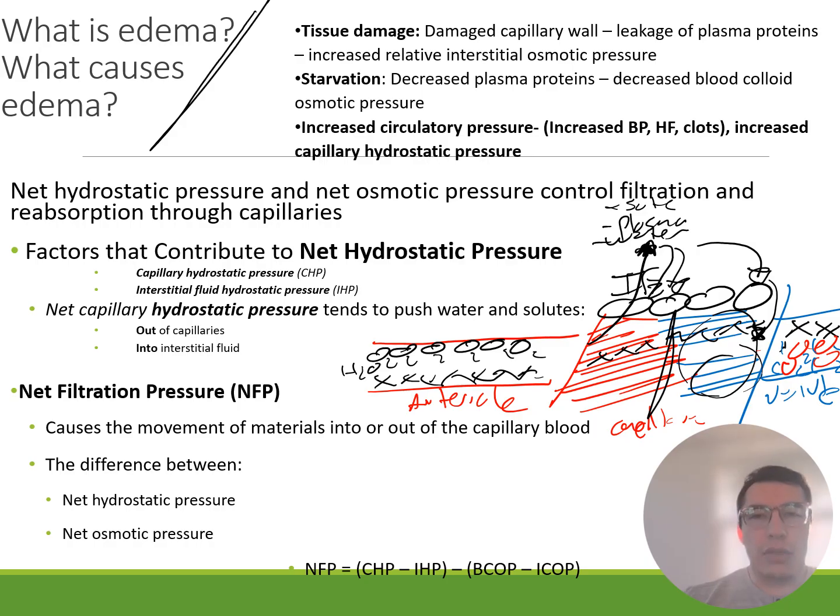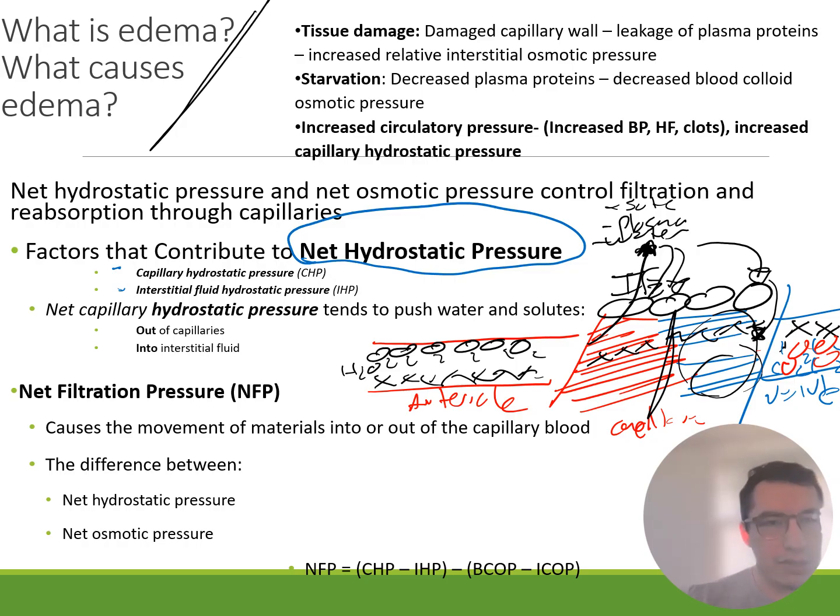How do we calculate the amount of solution that went out of that capillary? We have the net hydrostatic pressure. And into this net hydrostatic pressure, we have two main components. So what is the net hydrostatic pressure?